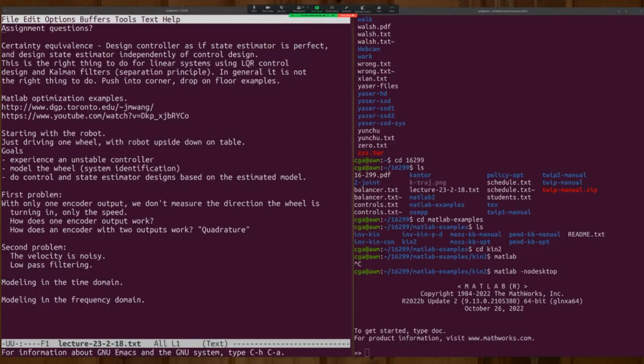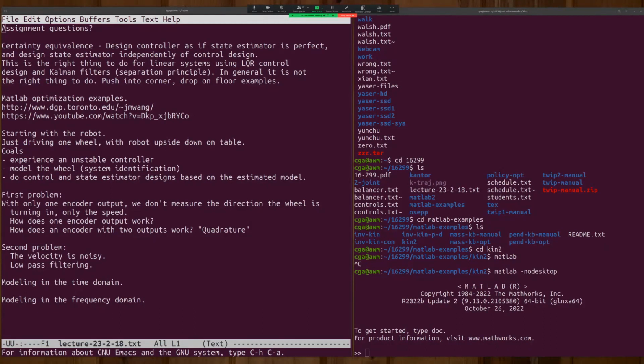All right. I wanted to mention something that I forgot to mention last time, and that was the idea of certainty equivalence. And that idea is we have to design two things. One is the control law or controller, and the other is a state estimator.